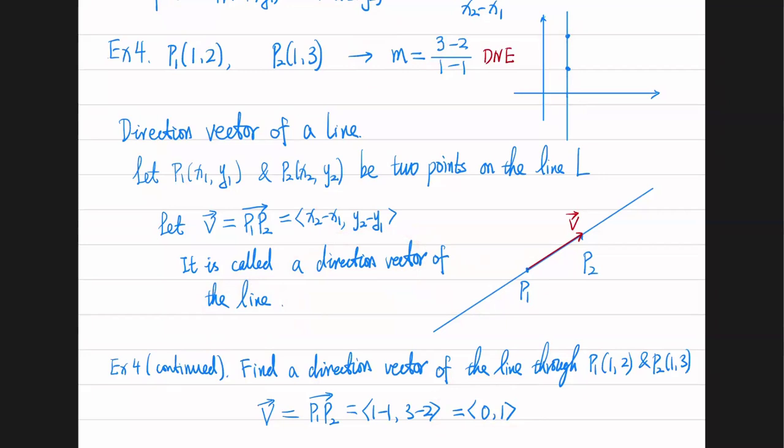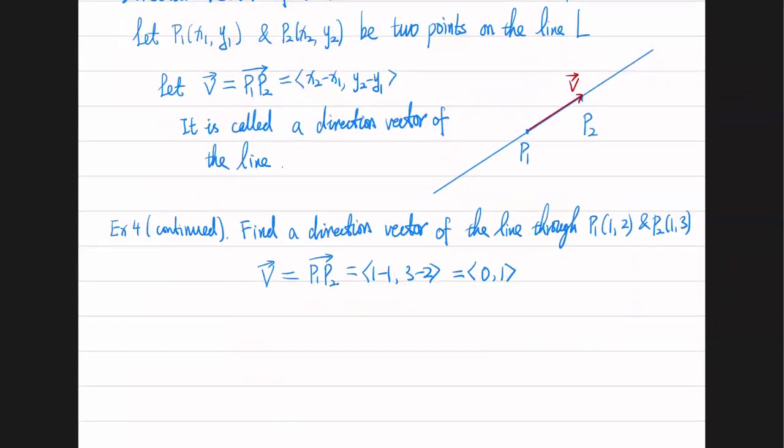Yes. That's cool. So let v equal (A, B) be the direction of the line.